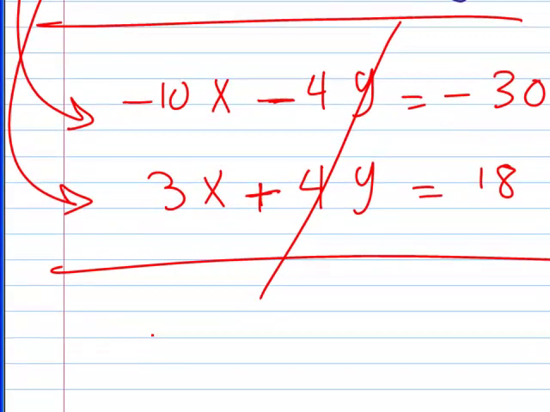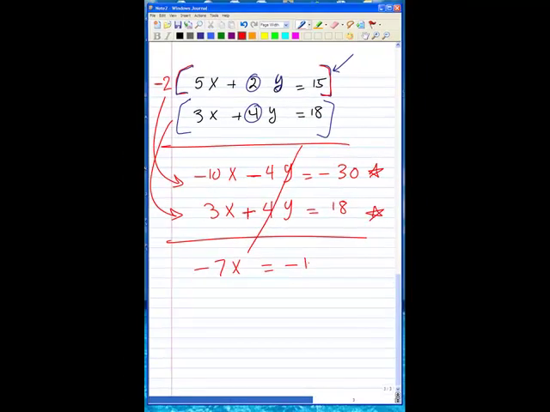So I end up with -7x is equal to -12. So then x is 12 over 7, and then you can plug that into either the first constraint or the second constraint to solve for y.